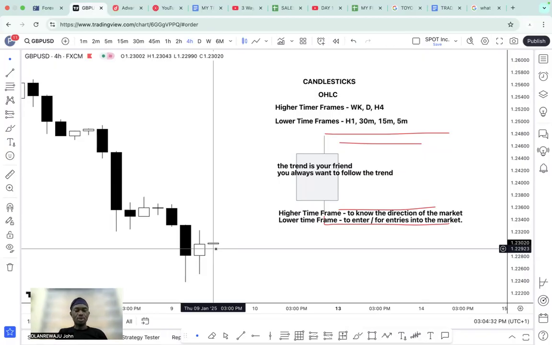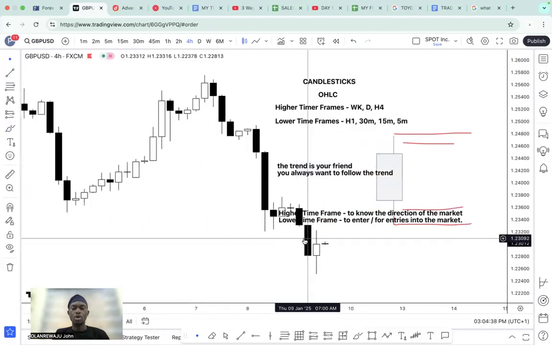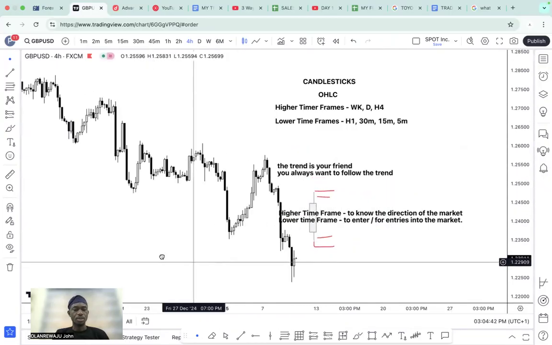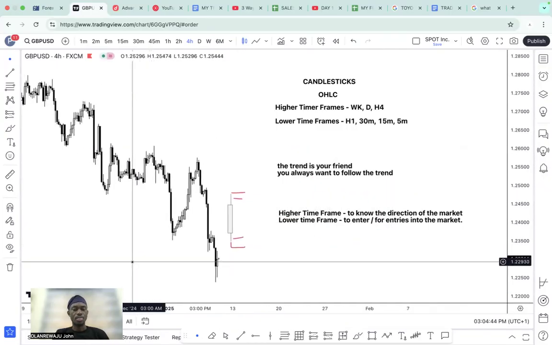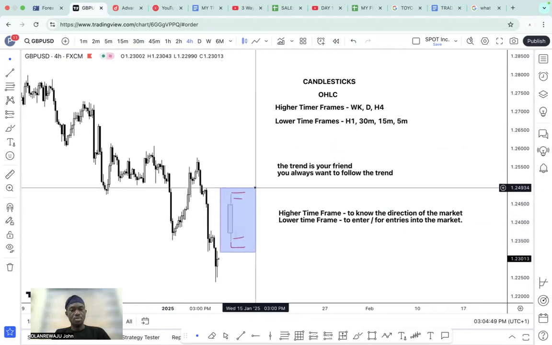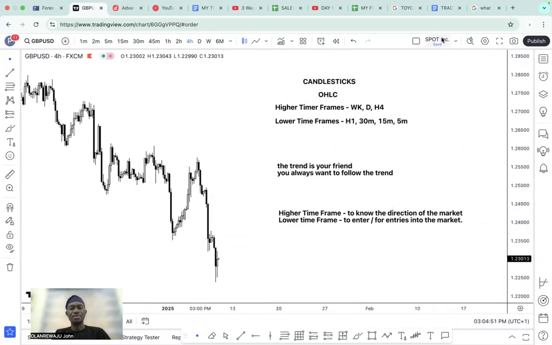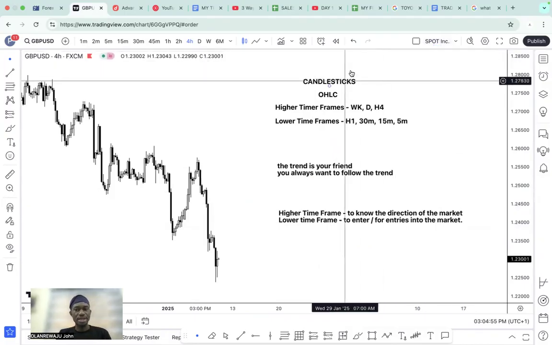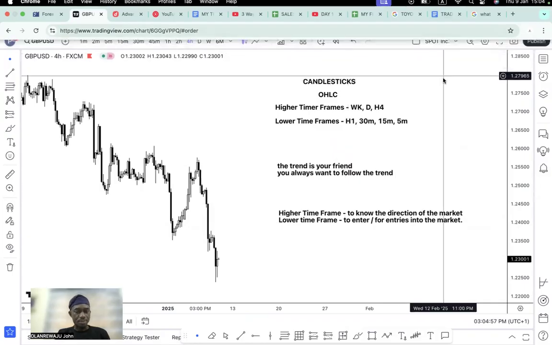Because the next phase we are moving to is technical analysis, and it is important that your understanding of candlesticks is grounded. So if you have any question, please do not hesitate to ask. But I believe I've touched everything that I need to explain in conjunction with what you've read on Babypips.